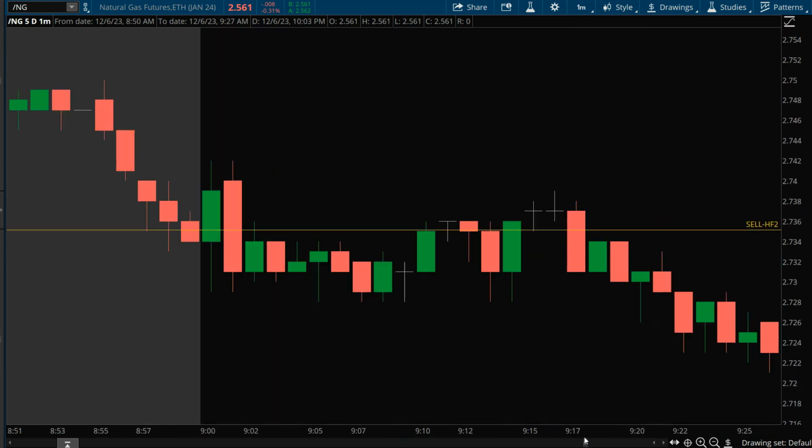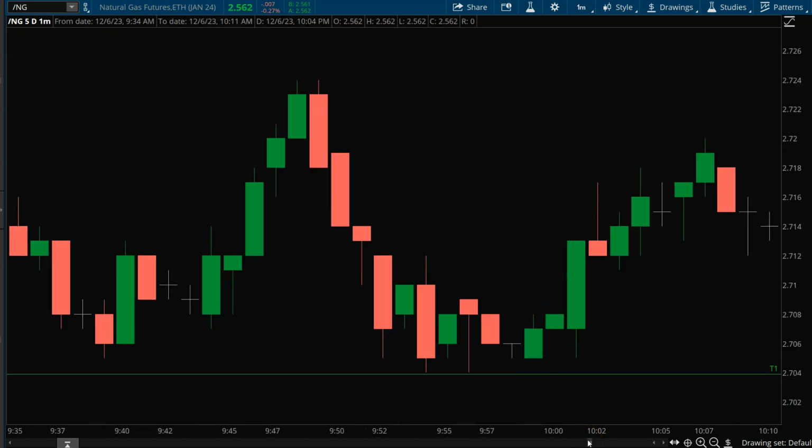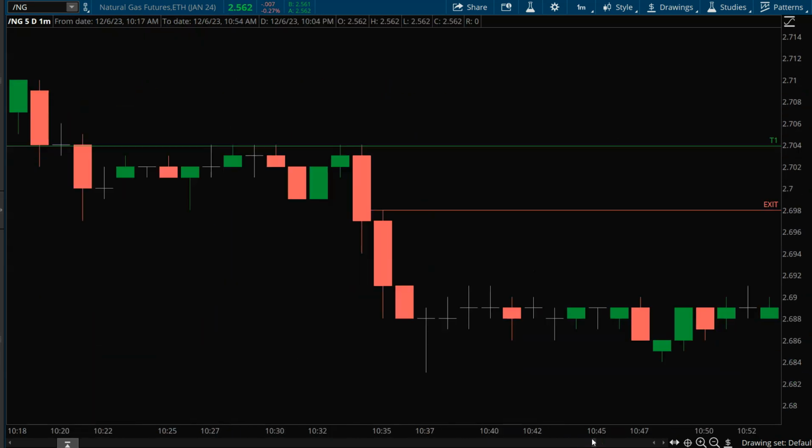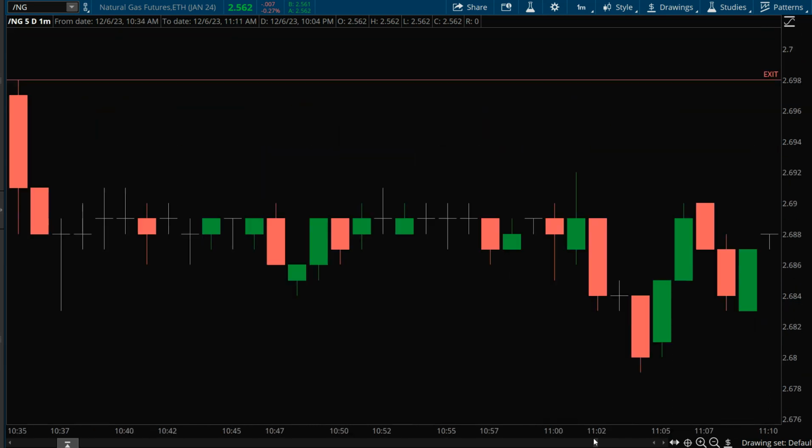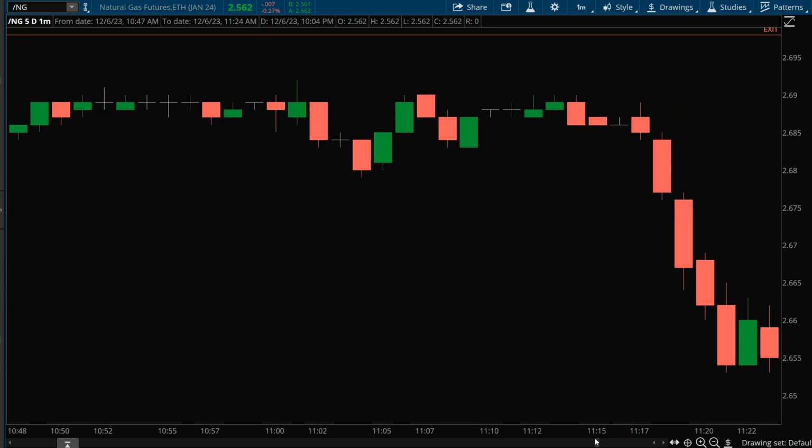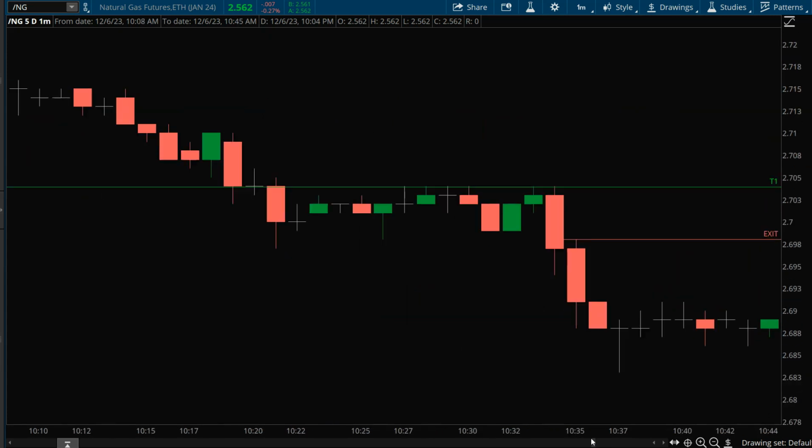After the opening for the Dow came in at 9:30, I was still coming in on this short, and we hit a couple of things here.